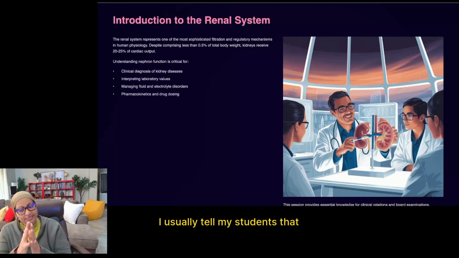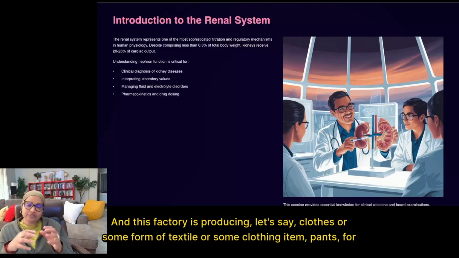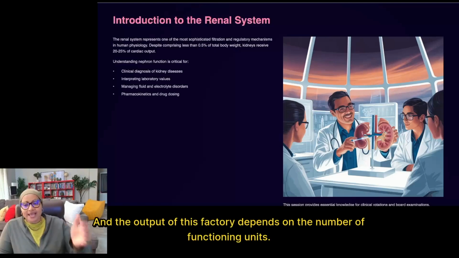I usually tell my students to consider each nephron as a unit in a factory. This factory is producing, let's say, clothes or some form of textile, pants, for example. The output of this factory depends on the number of functioning units.